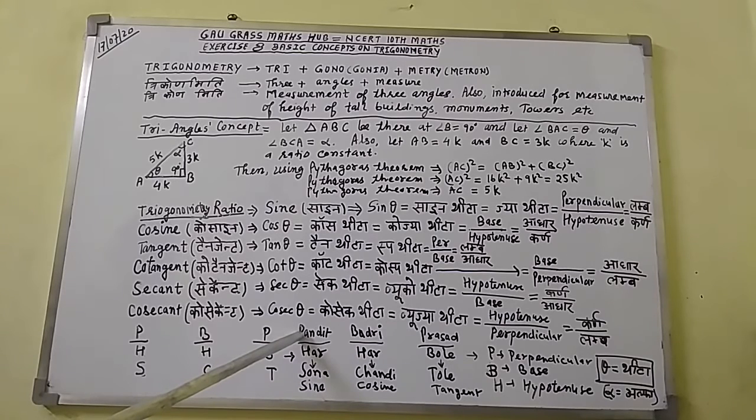Here Pandit is denoted by perpendicular, Badri is denoted by base, and Prasad, whose beginning letter is P, is denoted as perpendicular, and Bole, B, is denoted by base, and H, har, is denoted by H. So just take the first letter of Pandit, P, first letter of Badri, B, first letter of Prasad, P, first letter of har, H, first letter of Bole, B. Just make this one, and after that first letter of Sona, that is sine, first letter of Chandi, C, cosine, first letter of Tole, that is tangent.